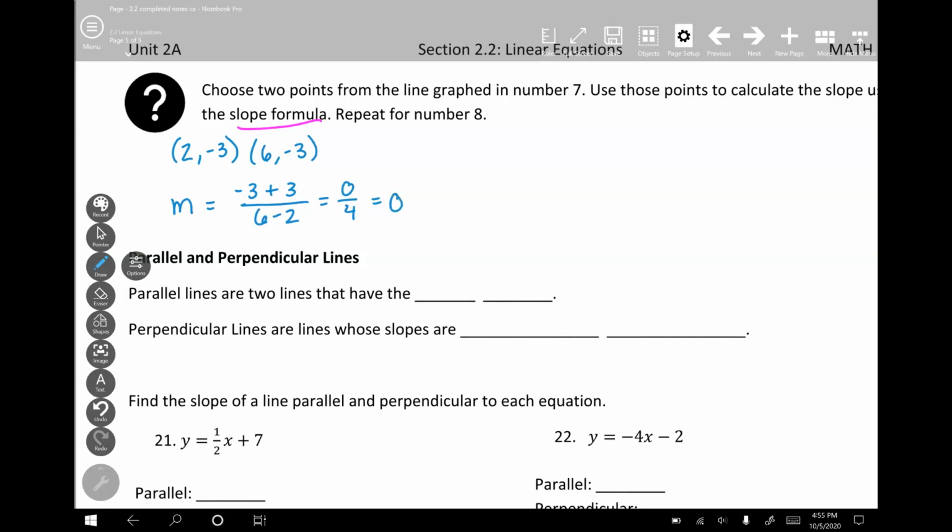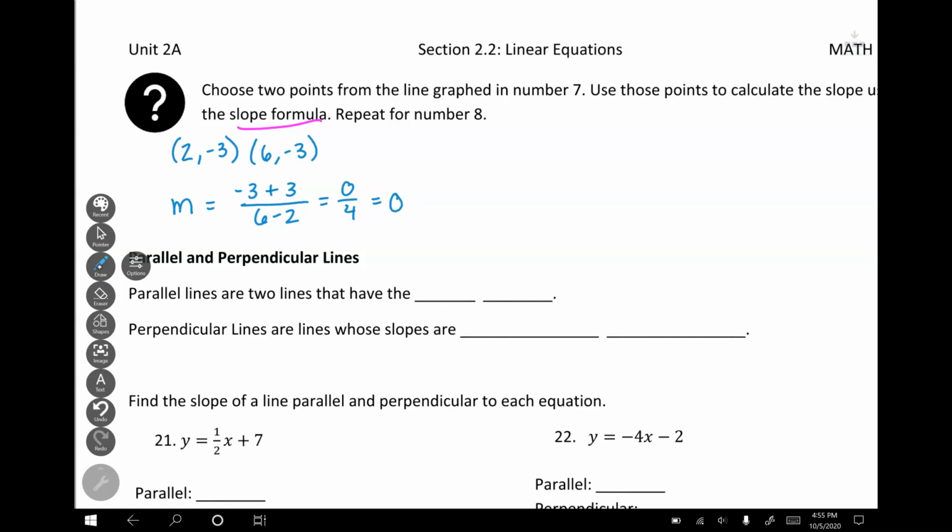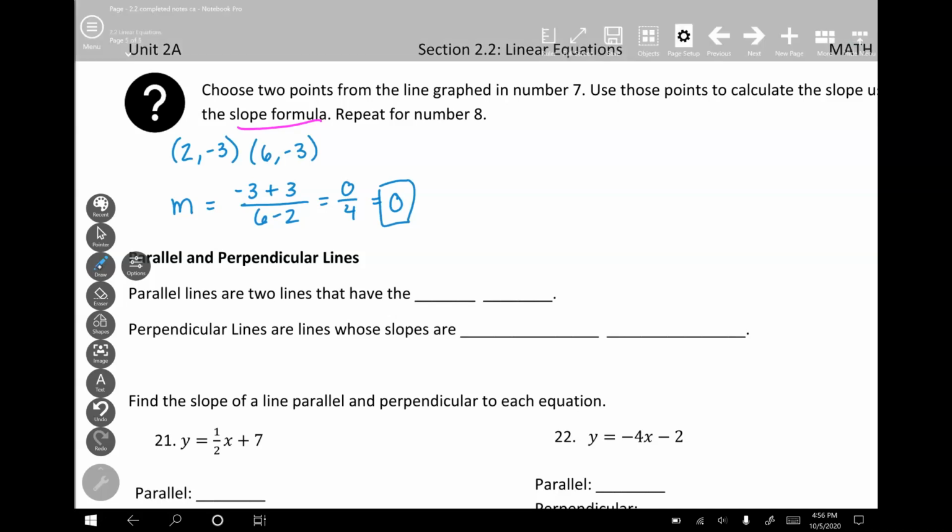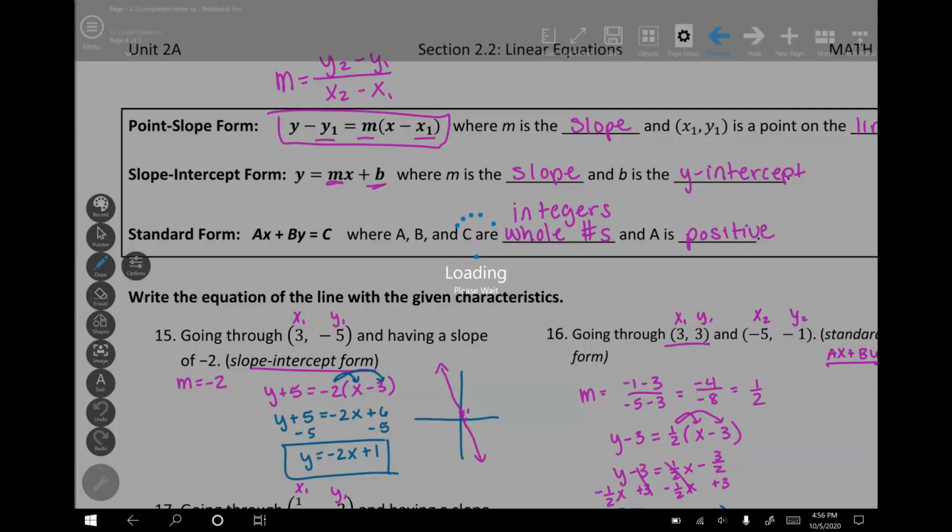So the slope there literally comes out to 0, which I'm sure you had to memorize in Algebra 2, that the slope of a horizontal line is 0. But now you see that if you actually tried to calculate it using any 2 points on the line, you literally get 0.